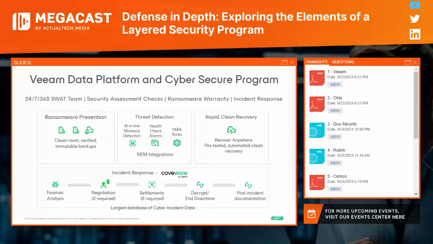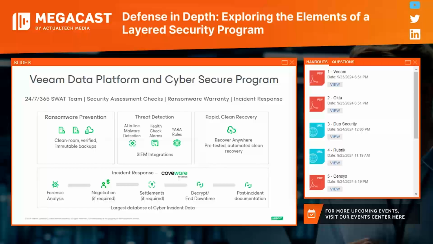So from malware detection to health checks to policies via YARA rules, or integrations with other cybersecurity tooling, for example SIEM integrations, where if there's an incident, an issue detected, it can be sent via an API to your data platform, which recognizes when malware was detected, and then you can do the recovery from just before that malware was present, right?